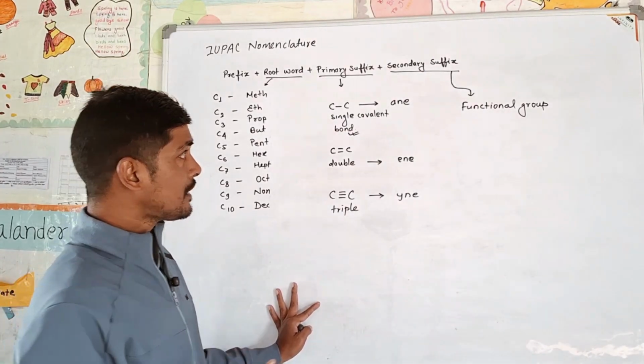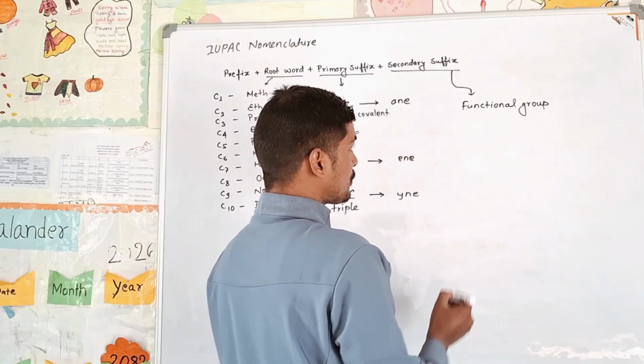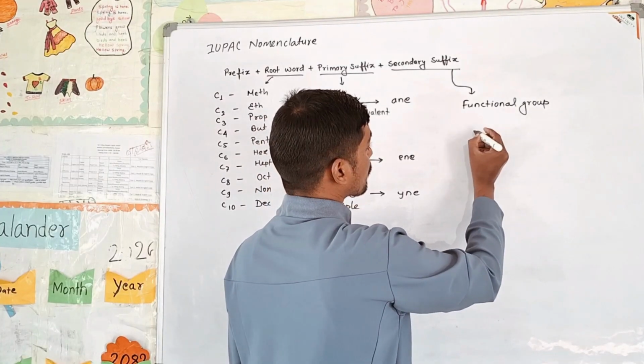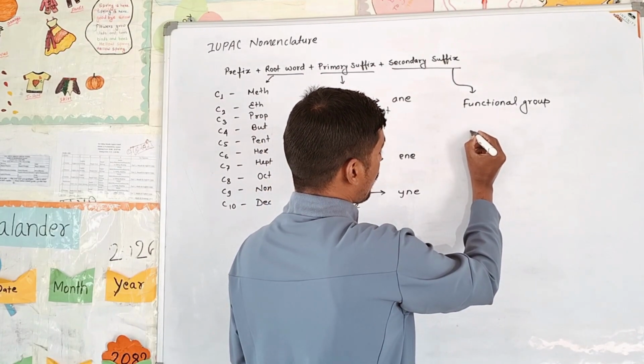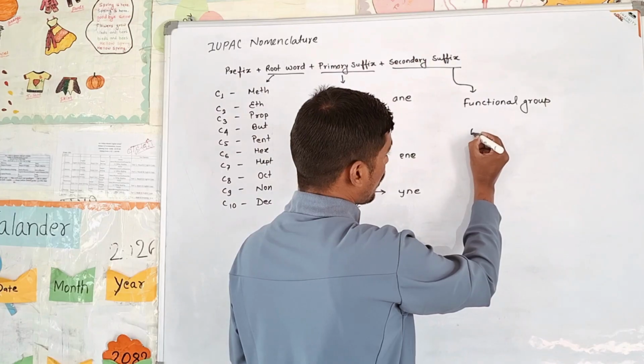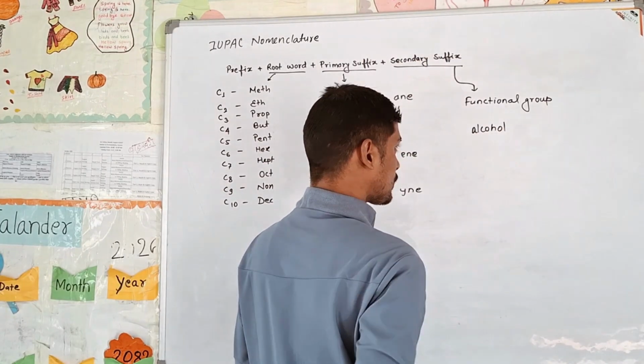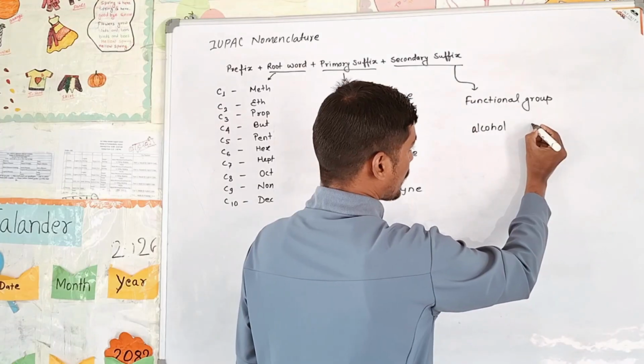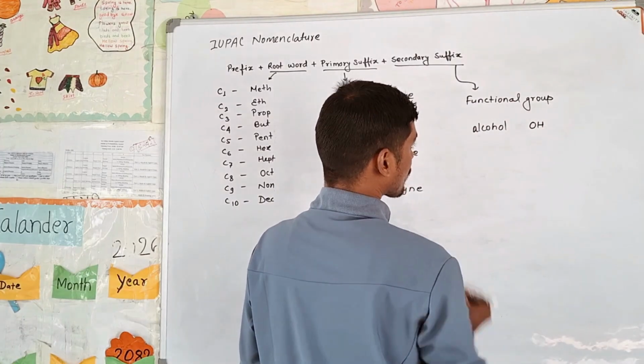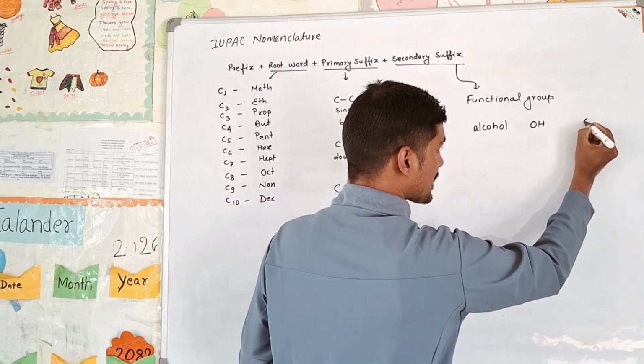So my dear students, some of the functional groups are like alcohol. The alcohol functional group has the formula OH and it has the suffix ol.